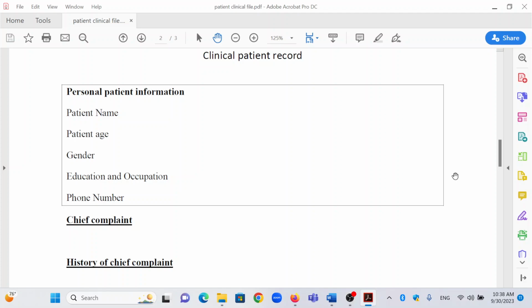The second method for obtaining the patient history is through face-to-face interview or direct interview with the patient. Of course, direct interview with the patient will get you more accurate information about the patient.